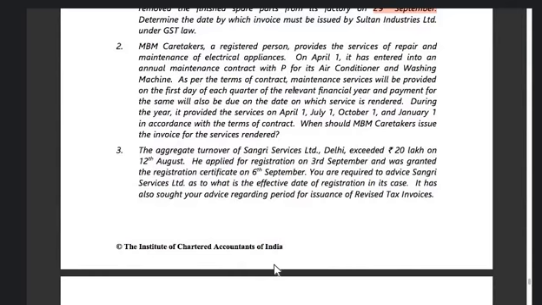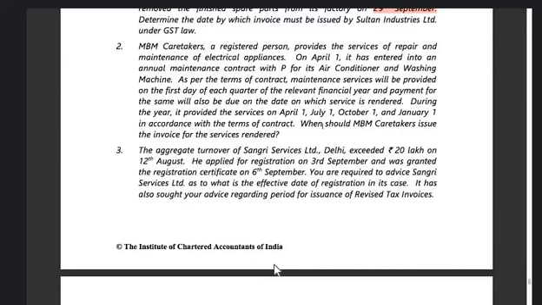As per terms of contract, maintenance will be provided on the first day of each quarter of the relevant financial year, and the payment of the same will also be due on that date on which the service is rendered. During the year, it provides the service on 1st April, July 1st, October 1st, January 1st. So as per terms of contract, when should MBM caretaker issue the invoice?